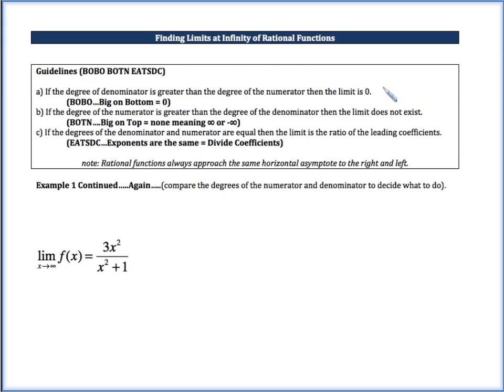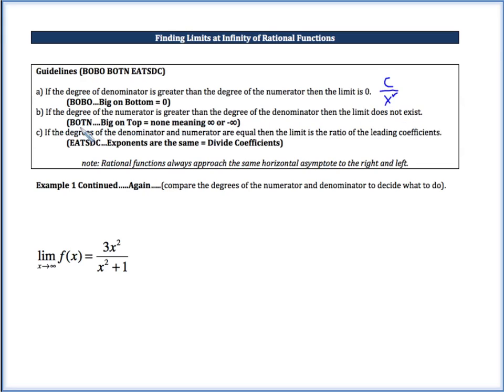And this is really what we were looking at when we had c over x to the r. So if this increases without bound and this stays constant, we're going to get a 0 for our limit. Now if the degree of the numerator is greater than the degree of the denominator, then the limit does not exist.